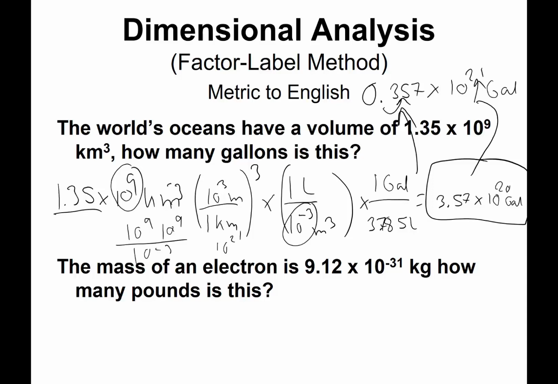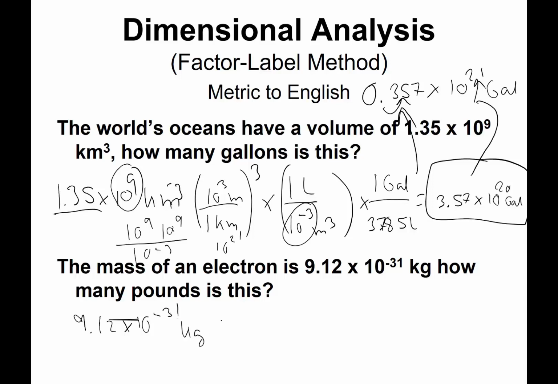Okay, so now we are going to do one last problem. The mass of an electron is 9.12 times 10 to the minus 31 kilograms. How many pounds is that? Okay, not a problem. 9.12 times 10 to the negative 31 kilograms.